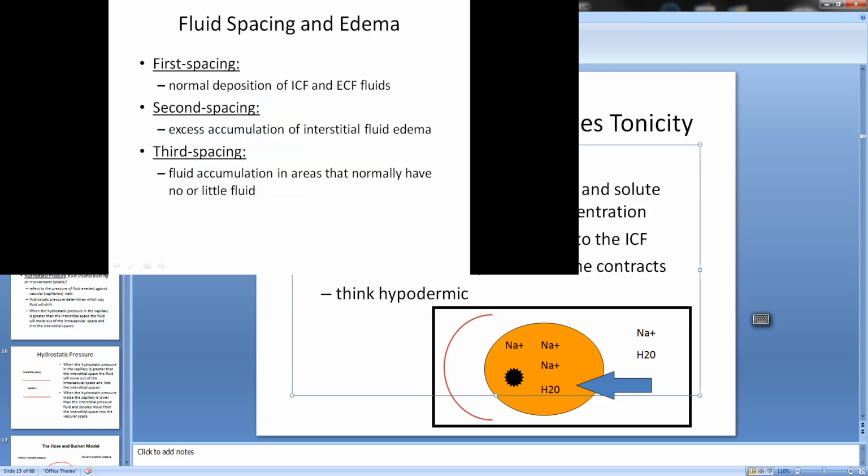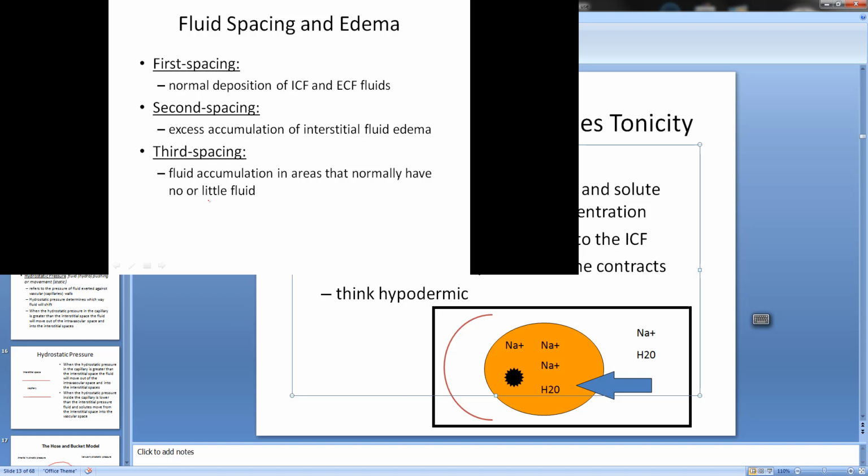These are some examples of fluid spacing. First spacing, no one ever talks about it because it's the normal deposition of fluids, as I showed you, with 2/3 of the fluids in the ICF and 1/3 in the ECF. Second spacing occurs when there's a violation of those Starling's principles, where you start to have excess accumulation of interstitial fluid, otherwise known as edema.